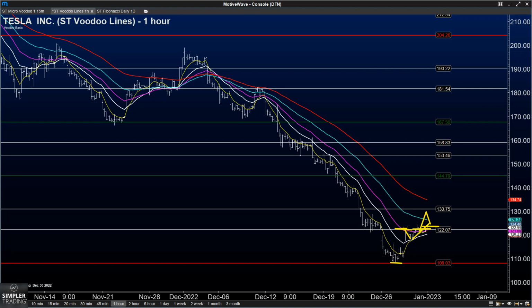We closed above it today, and we'd use that to propel ourselves above 130.75. We'd allow some pullbacks to retest here, just like we can still allow pullbacks back below here, but sooner or later we have to ratchet up above these levels and work our way to 144.79, solidly above there, and we can potentially look even further up.